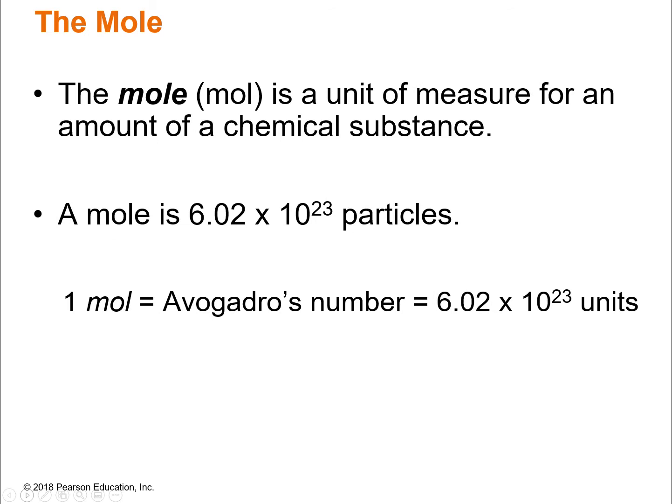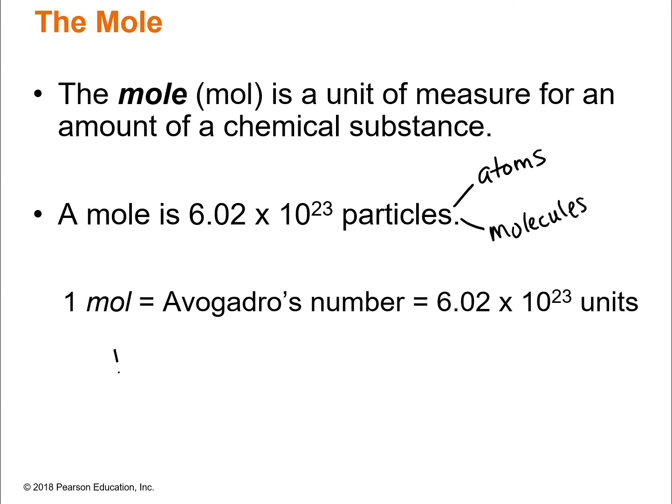So the mole we care about because it's the unit of measure of how much of a chemical substance we have. A mole is 6.02 times 10 to the 23rd particles. By particles, we can say atoms or molecules.